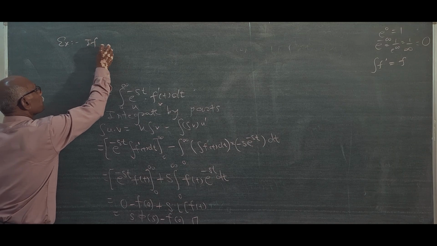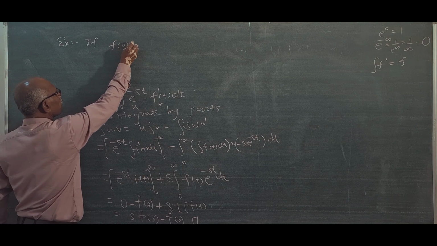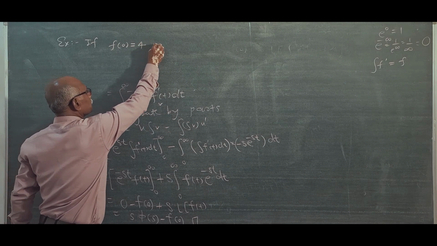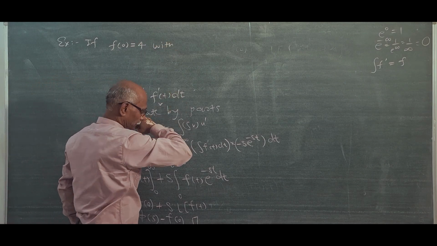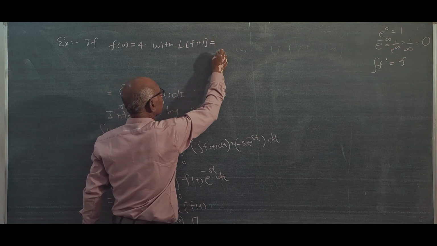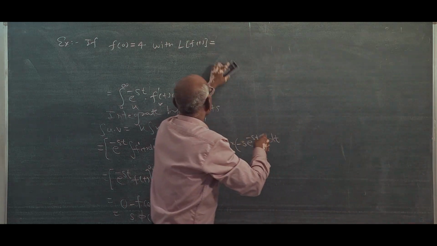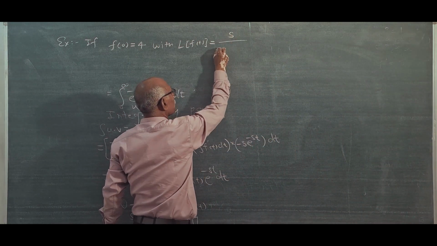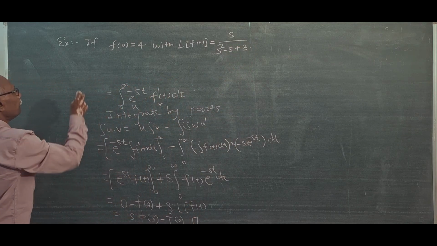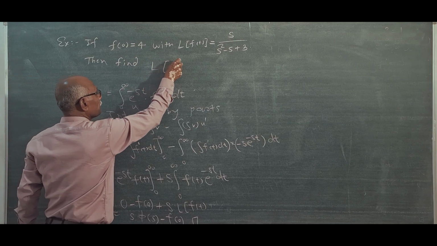If f of 0 is equal to 4, with Laplace of f of t equal to 1 by s divided by s square minus s plus 3, then find Laplace of f dash.